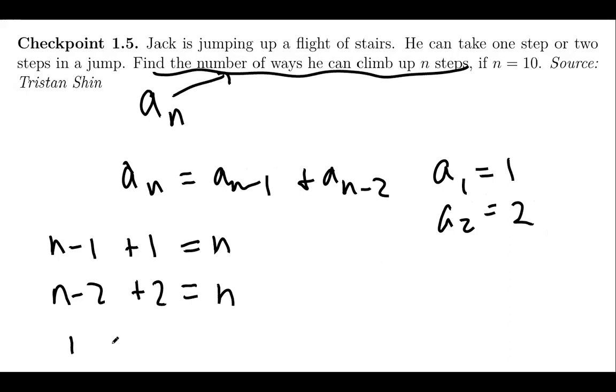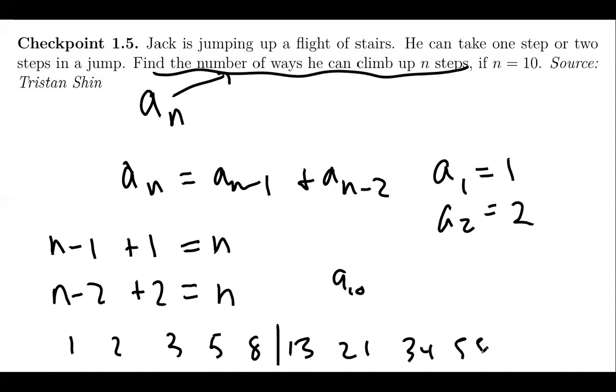And now we just have to find what a_10 is. So we just keep adding stuff together: 1, 2, 3, 4, 5, and so on. And there should be 89 ways to get to the 10th step.